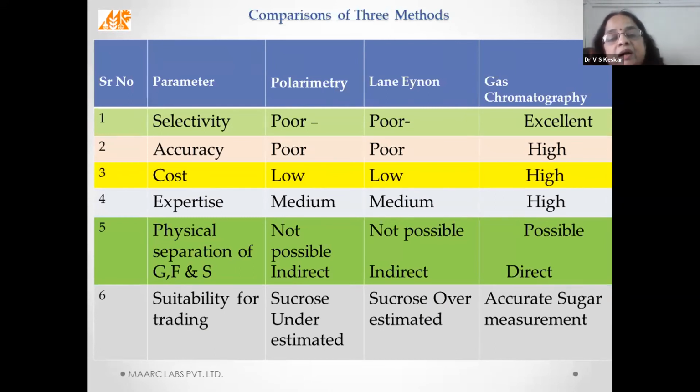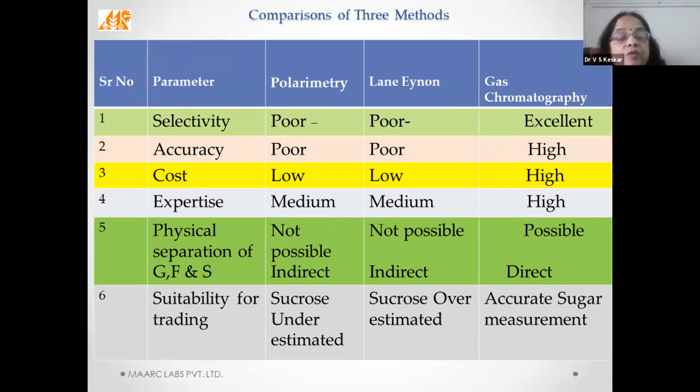Cost: both polarimetry and Lane-Eynon are low cost methods, but you can compare the cost of sugar you are losing through molasses and what you are getting through molasses. The cost of gas chromatography is not high. You can calculate the cost incurred in trading of molasses, and then you can see the cost of this technique. Then expertise: high expertise is required, but we don't have a lack of high expertise.